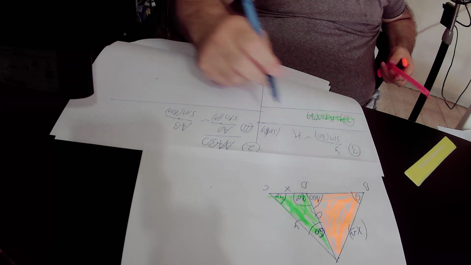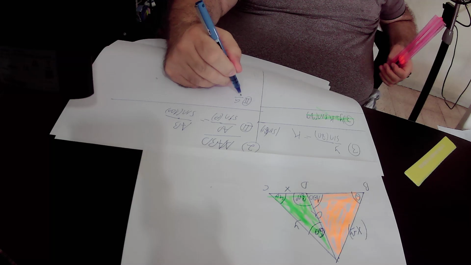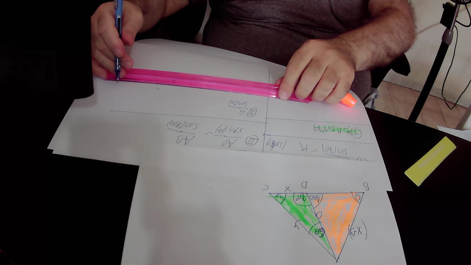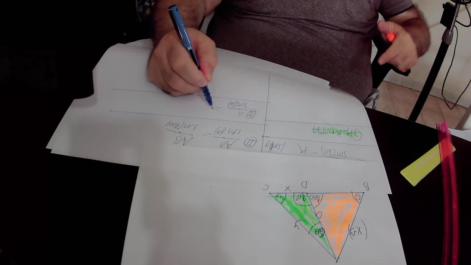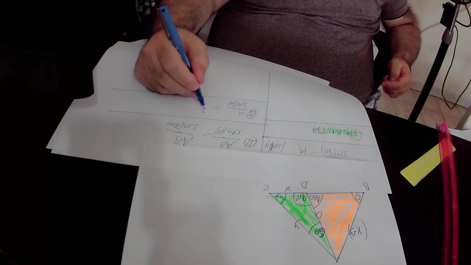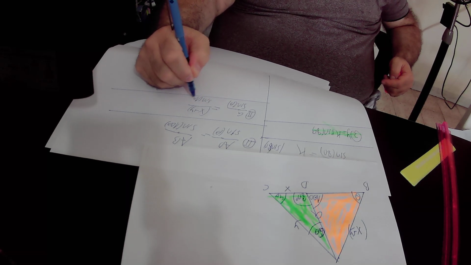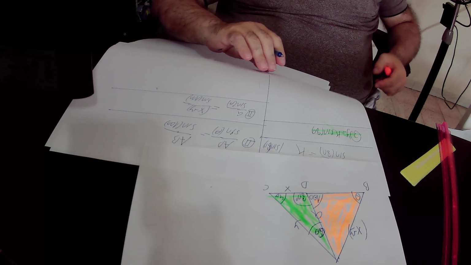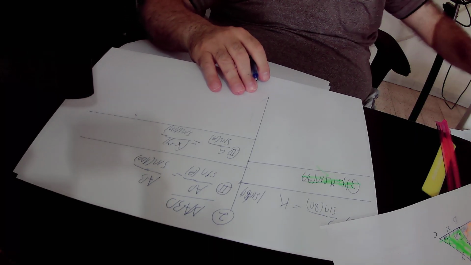Okay, AD over sine theta equals AB over sine 100 degrees. We'll substitute AD by a, so it is a over sine theta, and that is equal to AB. AB is equal to x plus y, so we'll substitute AB by x plus y over sine 100 degrees.